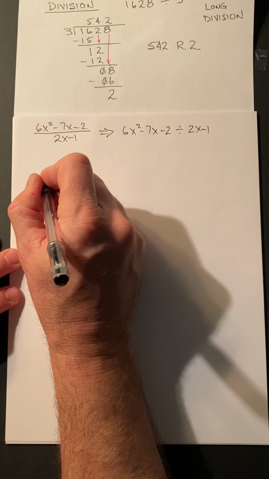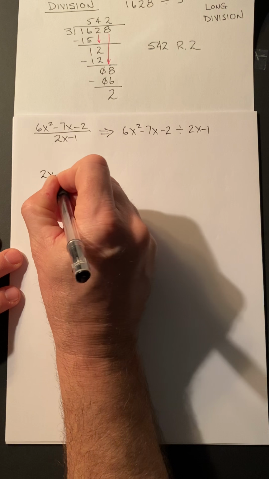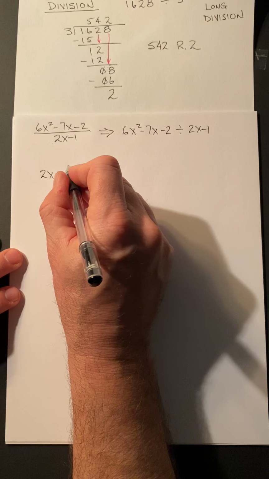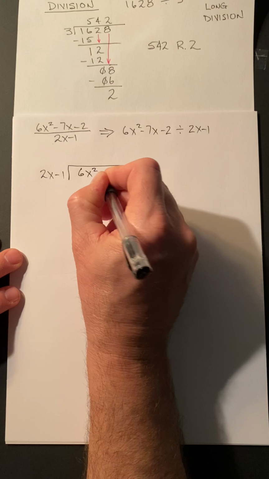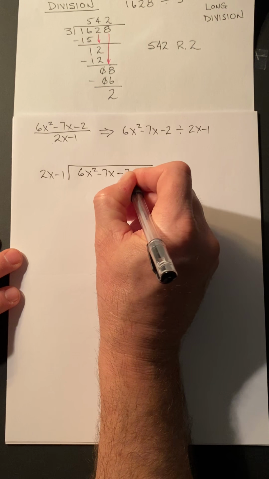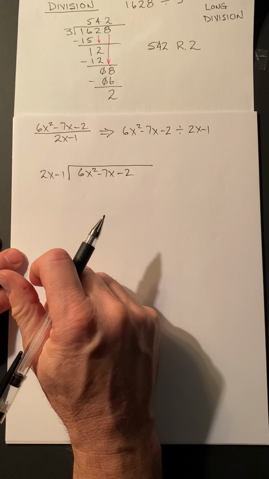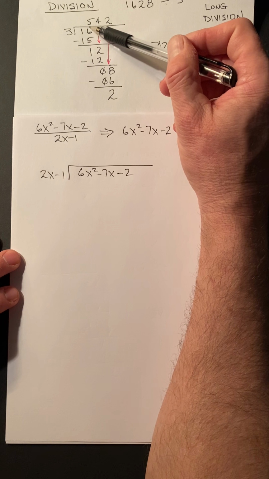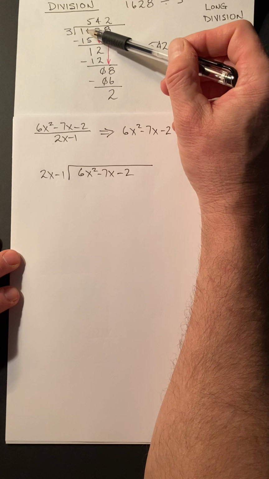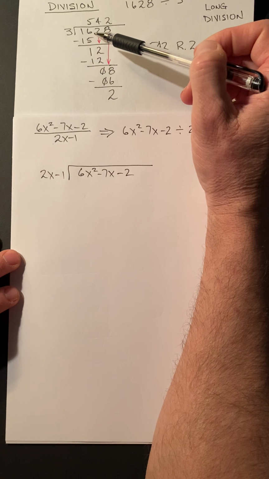So I set this up, 2x minus 1 is what I'm dividing into 6x squared minus 7x minus 2. Now, keep in mind when I was doing this, I'm asking myself how many times does 3 go into 16?